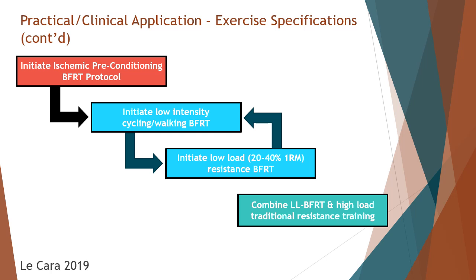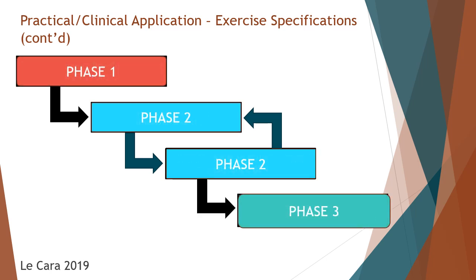But again, there are still overall systemic benefits that can be had for someone, even if you're rehabbing their upper extremity, say their postoperative rotator cuff tear or some Tommy John surgery at the elbow, and they are still trying to get some form of aerobic training or maintain that aerobic fitness. Low load BFR while walking on a treadmill, even though you're rehabbing the upper extremity, may still be applicable. And then eventually you'd break out of that phase once they could tolerate higher intensity loads, and you'd go to your phase 3.